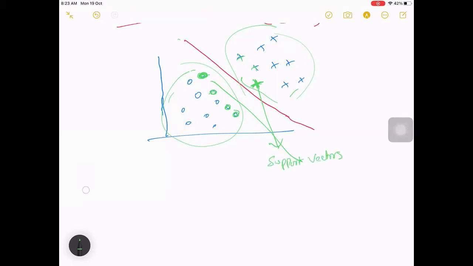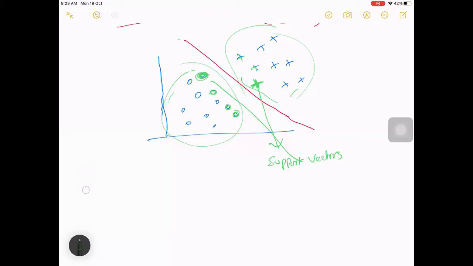In SVM, instead of taking all the data points, it identifies the support vectors, and from those support vectors it tries to draw a decision boundary. That is the main difference between other classifiers and SVM.